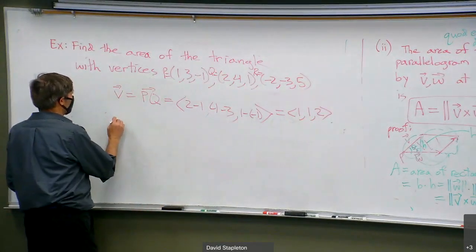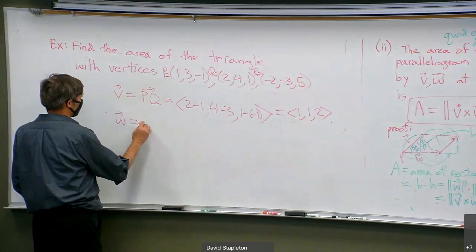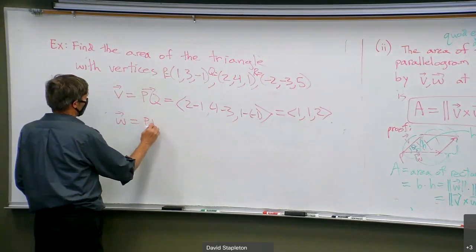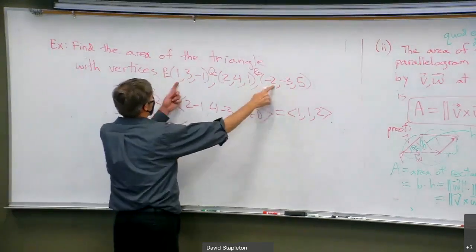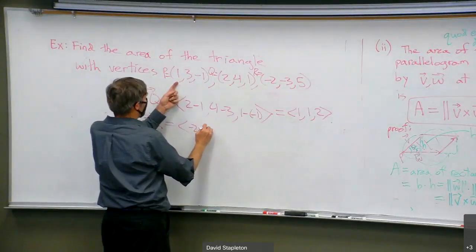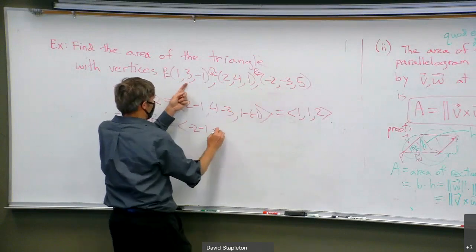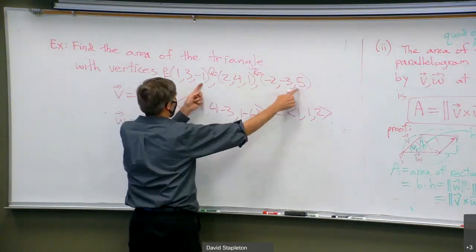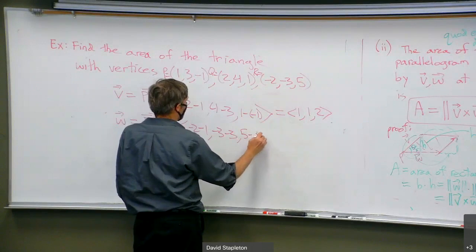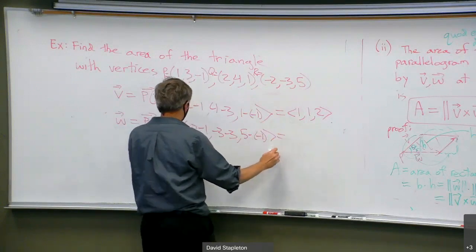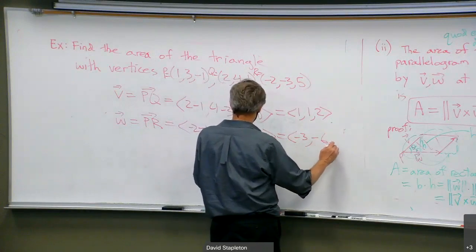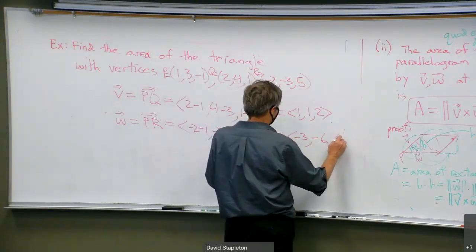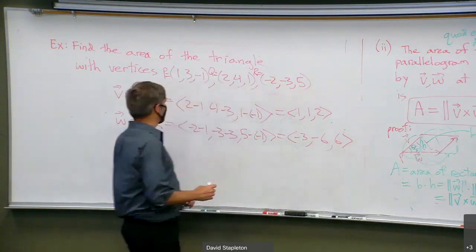Now I'm going to take the vector W and make it the vector from P to R. So I subtract the components, minus 2 minus 1, minus 3 minus 3, 5 minus a negative 1. This vector has components negative 3, negative 6, 6. There's vector W.